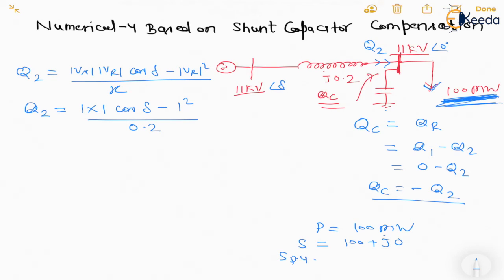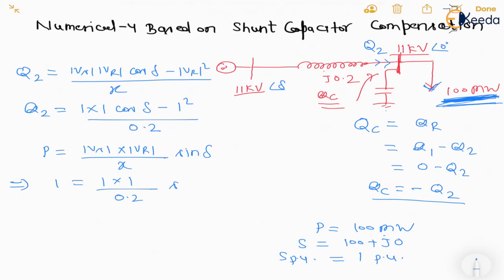So S per unit will be equal to dividing by 100, that is 1 PU. So I can write the P value is equal to Vs into Vr upon X sine of delta. So P is equal to 1, is equal to 1 into 1 upon 0.2 into sine of delta. We can calculate the value of delta from here, that is 11.53. So delta will be equal to 11.53 degree.